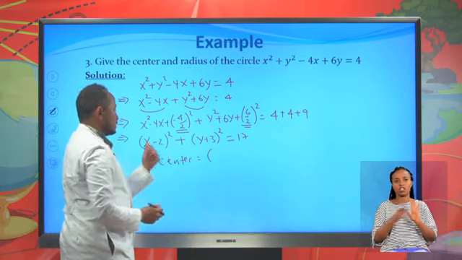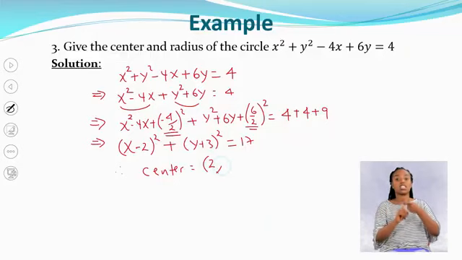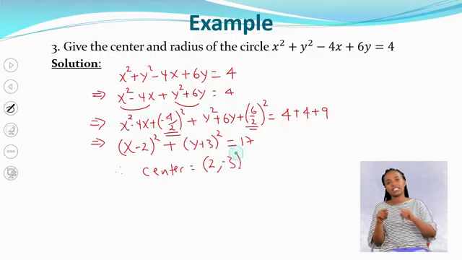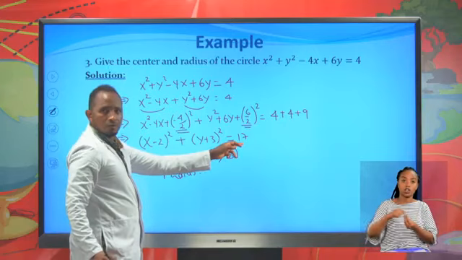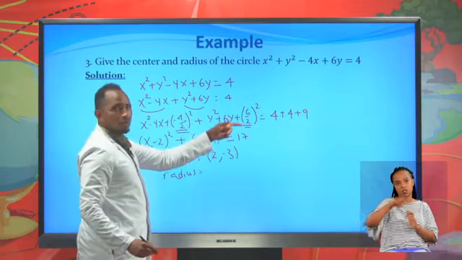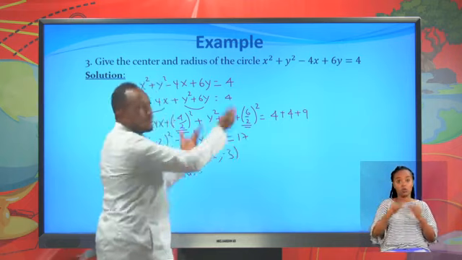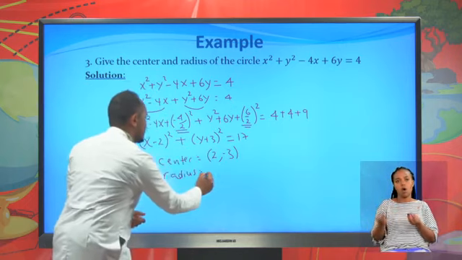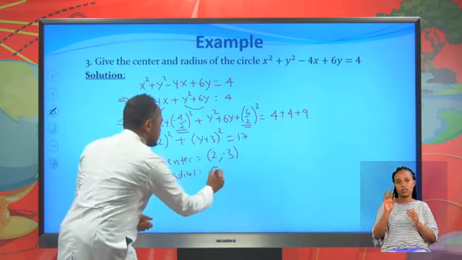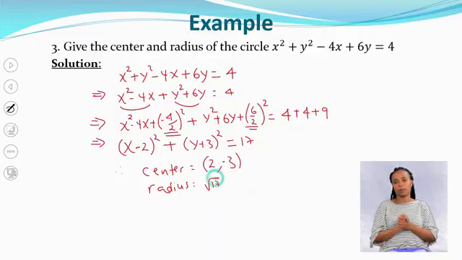So the center is (positive 2, negative 3). And the radius of the circle: this 17 is the radius squared. Therefore, the radius is the square root of 17. Okay, so this will be the answer.